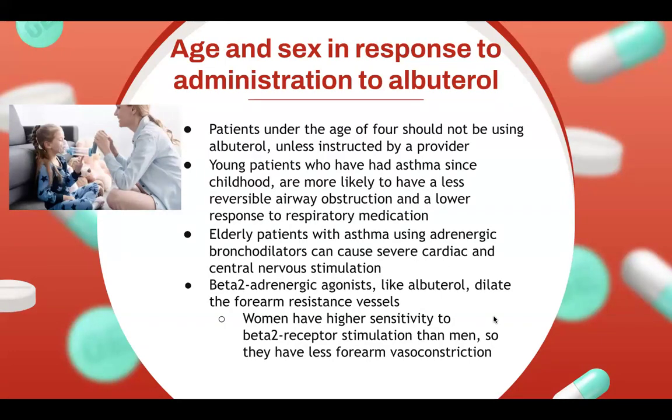And if an elderly patient with asthma uses albuterol, it could lead to severe cardiac and central nervous stimulation. Beta-2 adrenergic agonists like albuterol cause dilation in the forearm resistance vessels, but women have higher sensitivity to beta-2 receptor stimulation than men. So if women use albuterol, then they'll have less forearm vasoconstriction.